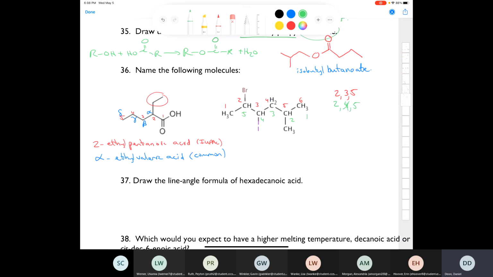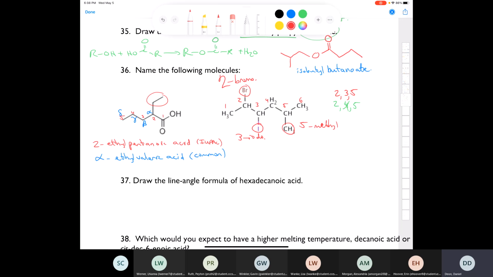And so the red numbers are going to be the proper way of numbering it because we go for the first point of difference. We have a 2-bromo, we have a 3-iodo, and we have a 5-methyl.